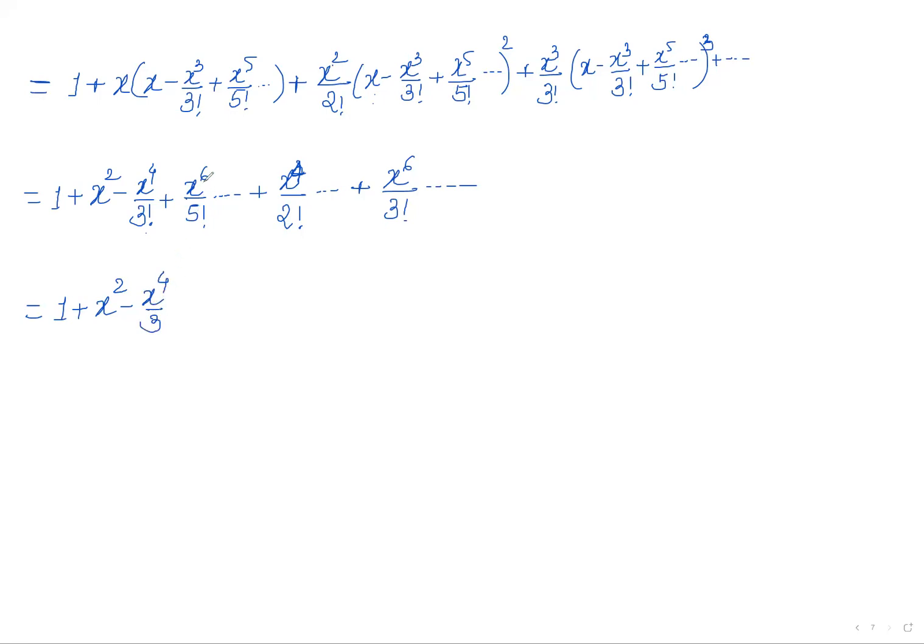Next term: x raised to 6 divided by 5 factorial and x raised to 6 divided by 3 factorial. What will we get here? Plus x raised to 6 by 20, x raised to 6 divided by 120, and so on.